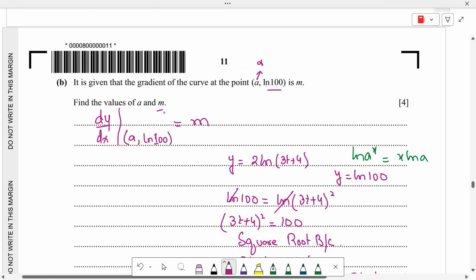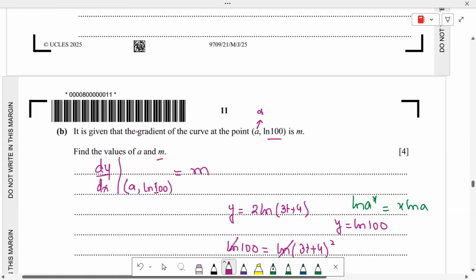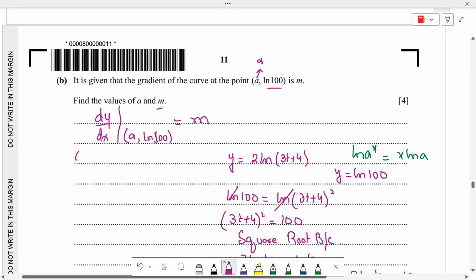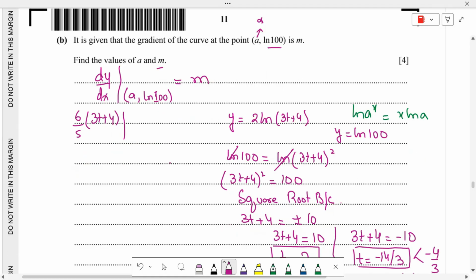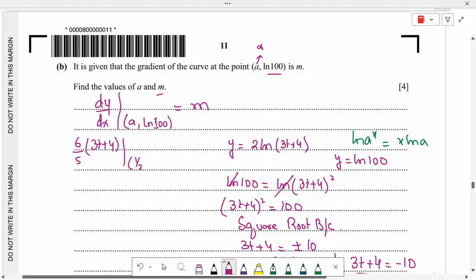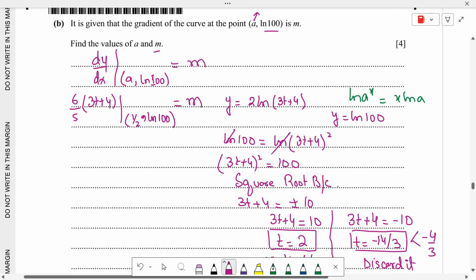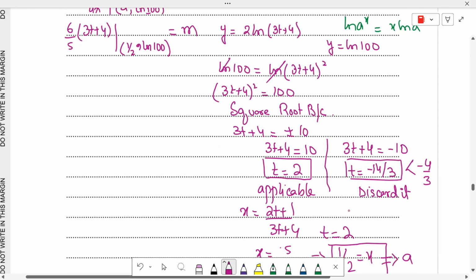Now we need to find the value of m, and m is equal to dy over dx at (a, ln 100). We have calculated the derivative of y with respect to x, which is 6 over 5 times (3t plus 4), at a, which is 1 over 2, comma ln 100. But this derivative is a function of t, and the corresponding value of t for ln 100 was 2.